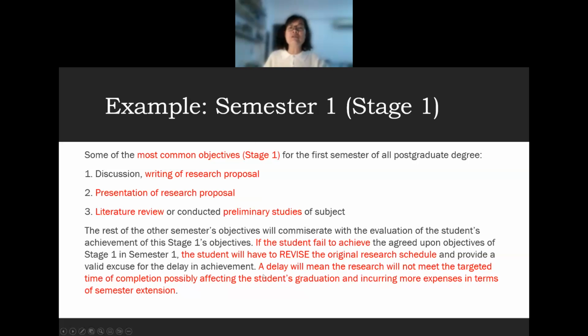If you fail to achieve any of this, the student has to revise, has to repeat this RMC. Come and attend again, and do it all over again. You have to revise the original research schedule, revise the research proposal, and you will be delayed. You cannot complete on time.